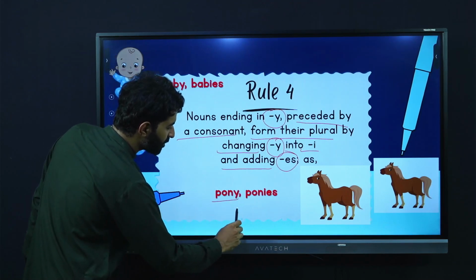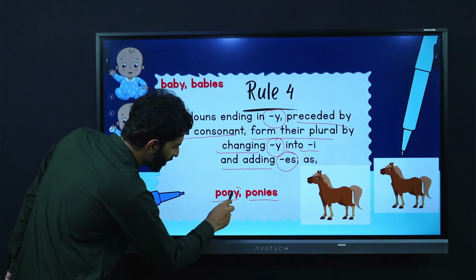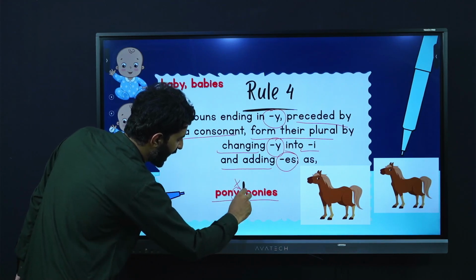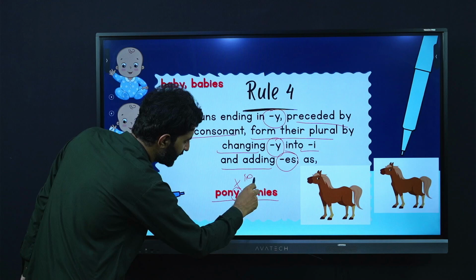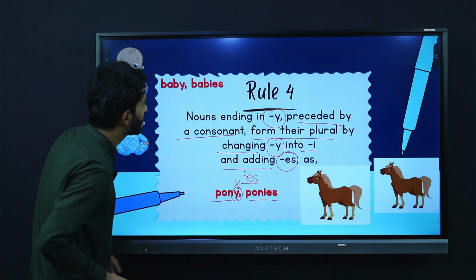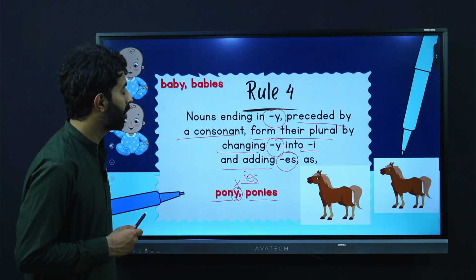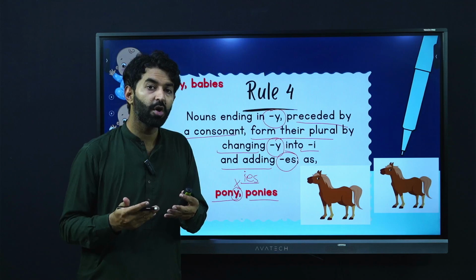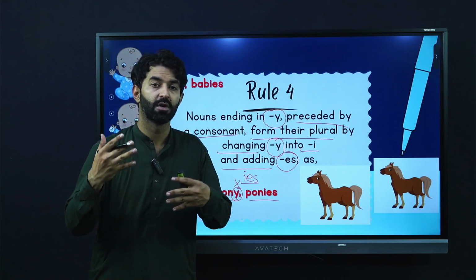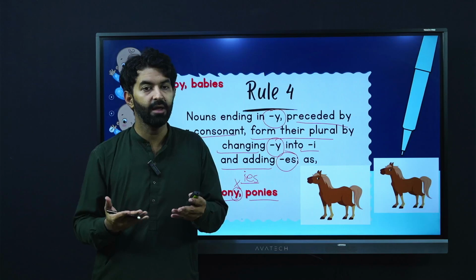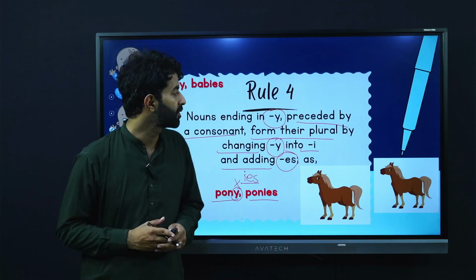Pony will become ponies. Baby is babies in the plural form. So whenever your word is ending with y, just omit the y, add i, then you add your es.